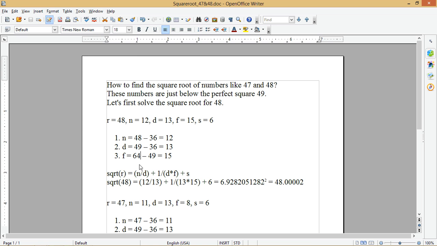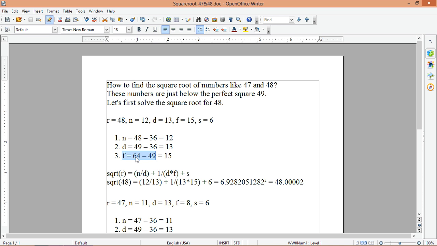Okay, now, how do we get F equals 15 up here? The way we do this is we take the perfect square that's above 48, which is 49, and the perfect square above 49, which is 64. Okay, so both the perfect squares above 48.